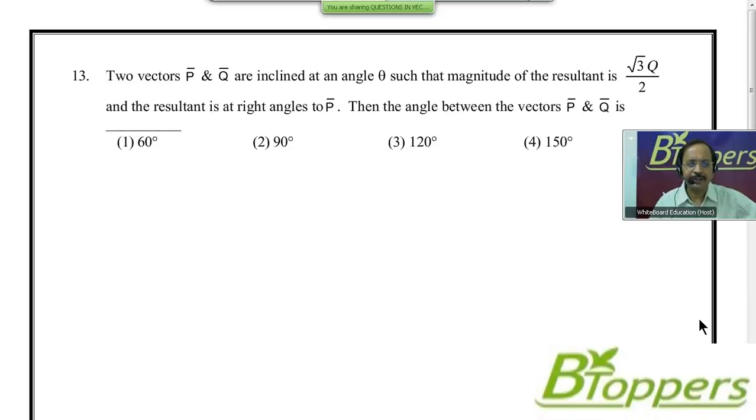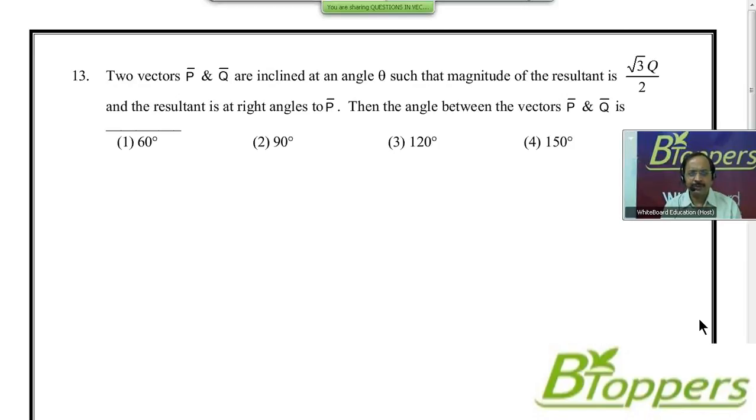See the question number 13. Two vectors P bar and Q bar are inclined at an angle theta such that the magnitude of the resultant is Q into root 3 by 2, and the resultant is at right angles to P bar. And the angle between P bar and Q bar is, there are 4 options.